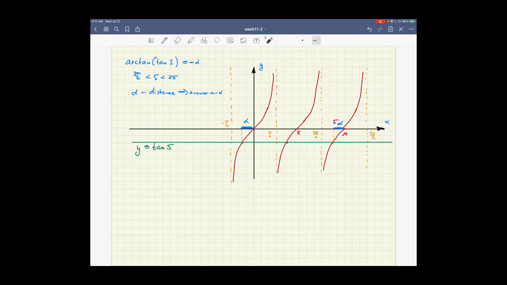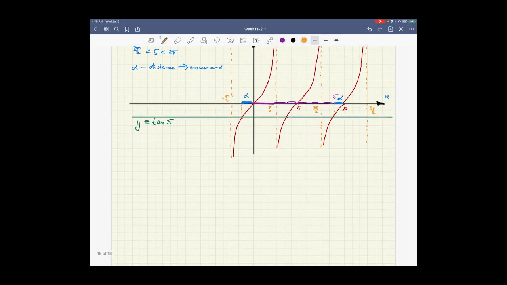It's clear from the picture that 5, which is this distance, plus alpha equals 2 pi. If you first move from 0 by 5, then by alpha, you get to 2 pi.